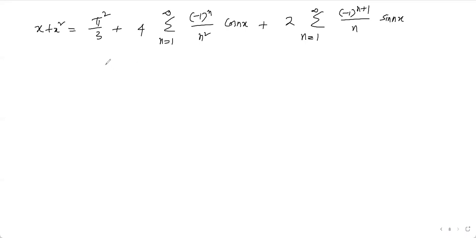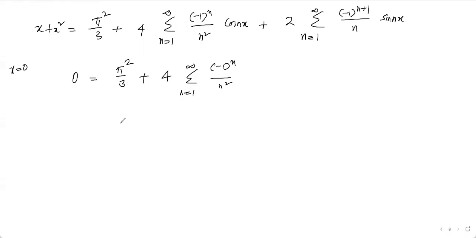Okay. Now to get the results, let us apply x is equal to 0. Okay, so on the left hand side this will be 0. This is pi square by 3 plus 4. Sine 0 is 0 and cos 0 is 1. So this will be n is equal to 1 to infinity minus 1 to the power of n by n square.